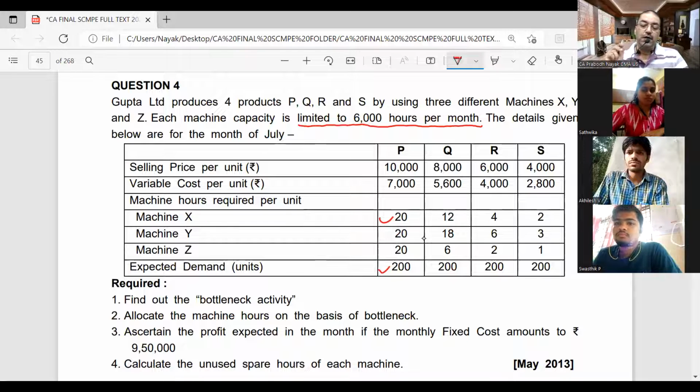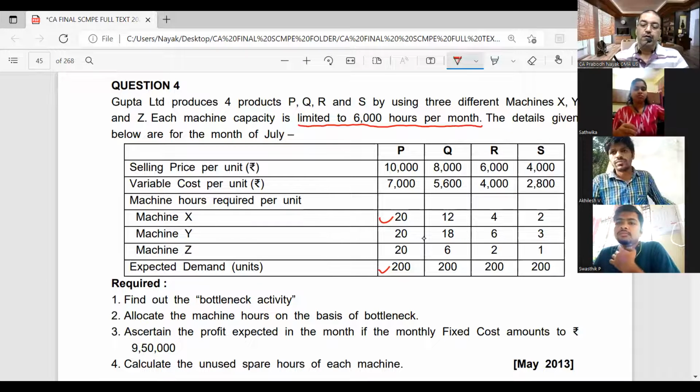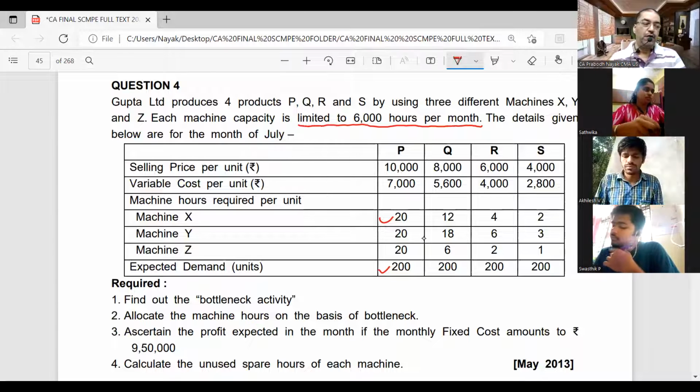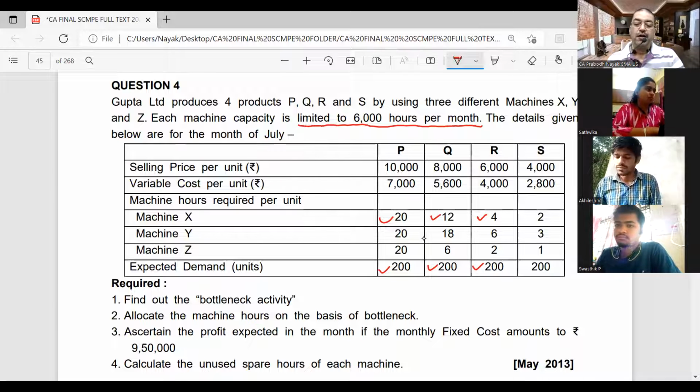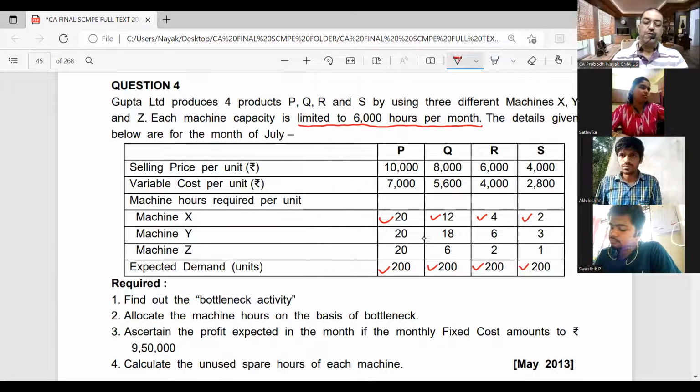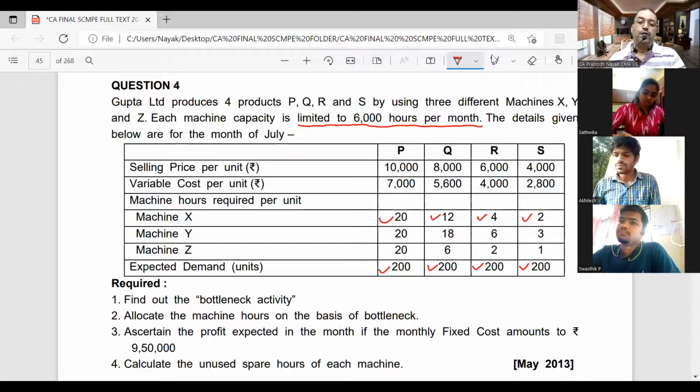Per unit we require 20 hours, and I require to produce 200 units. So 20 into 200 will be 4,000. For product Q, it will be 12 into 200. For product R, it will be 4 into 200. For product S, it will be 2 into 200. So that is for machine X. Like that, I will do for machine Y also, machine Z also. So let us work it out now.